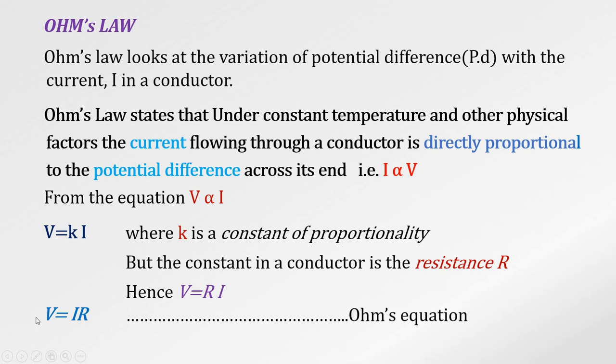Please, this formula here, V is equal to IR, is very important. You have to get it, memorize it, let it be at your fingertips. It is very important, as you will see later. V is equal to IR comes from the statement of Ohm's law.